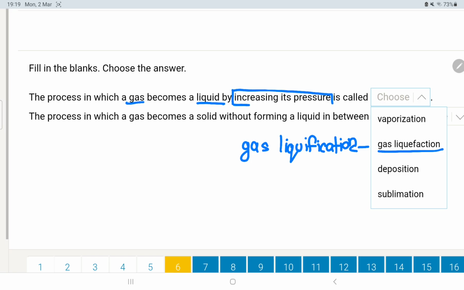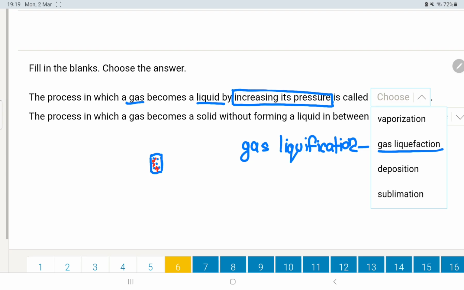Basically, how does it work? Those gases are going to be placed inside these cylinders. But actually, they should be a bit smaller, I think. Like these types of cylinders, where the gas particles don't have that much space to move. So when there's not that much space to move, those particles are going to start to attract to each other.